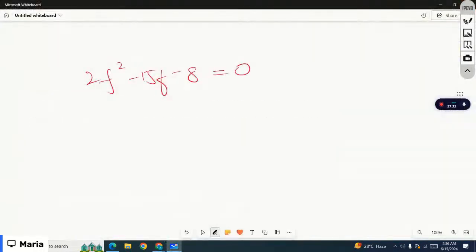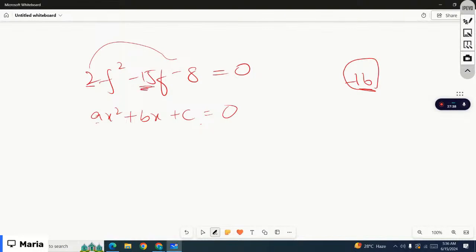So you have to multiply this 2 and negative 8. 2 times negative 8 is negative 16, right? The equation is in the form ax square plus bx plus c equals 0. You have to multiply a times c. a times c is negative 16, right? You have to factorize that negative 15f in the way when you add two numbers, they make negative 15, and when you multiply, they make negative 16, right?